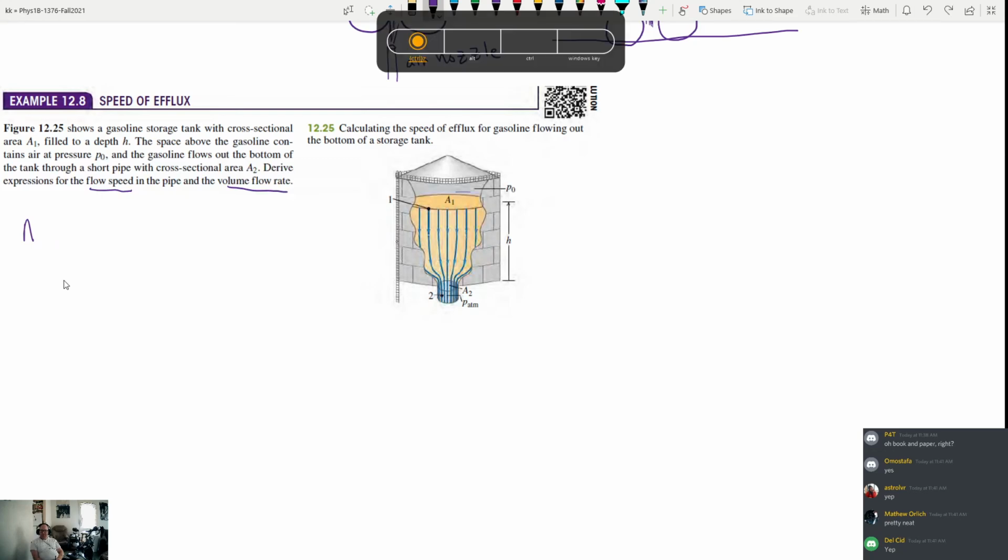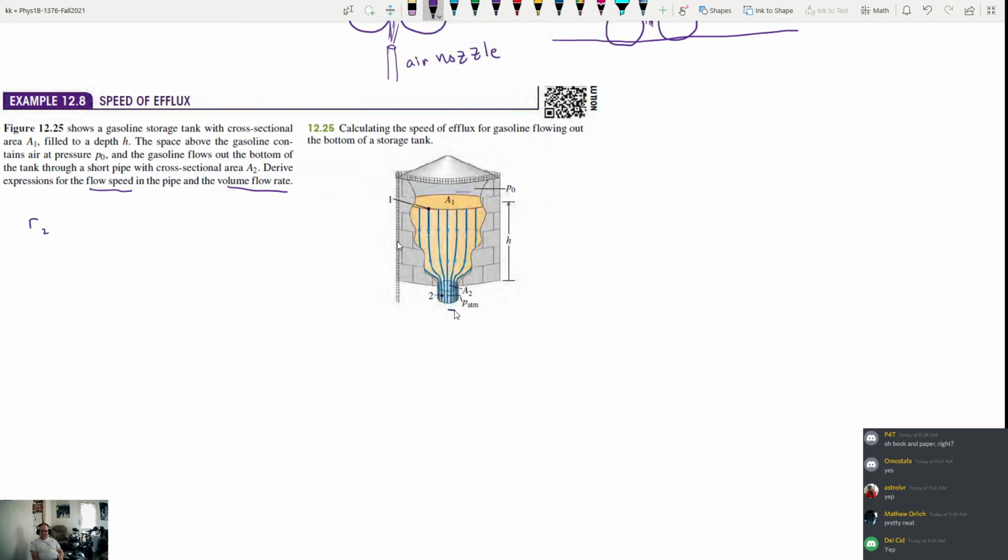Let's say the radius of this, R2, is equal to 5 centimeters. And let's say the height H, so if it's a storage tank, it's got to be pretty big, right? 5 times 3 is 15? That's reasonable, right? 15 feet? Probably too much. Maybe like 3 meters is the height.